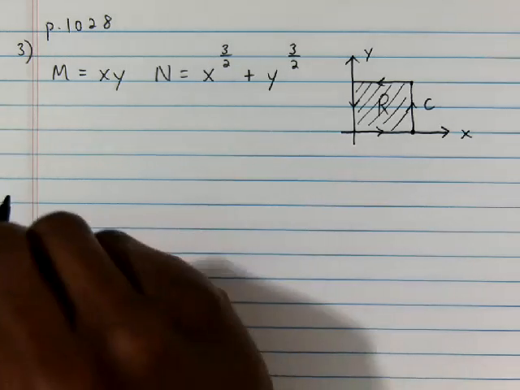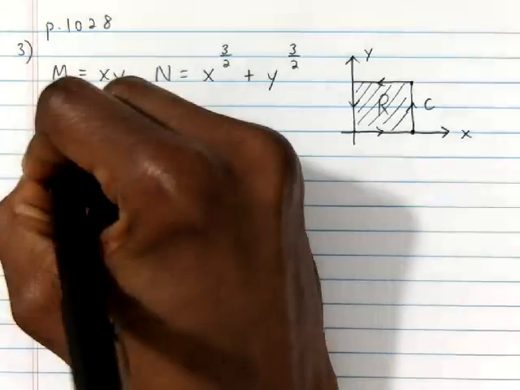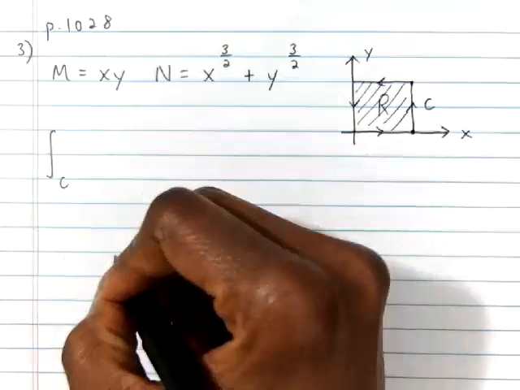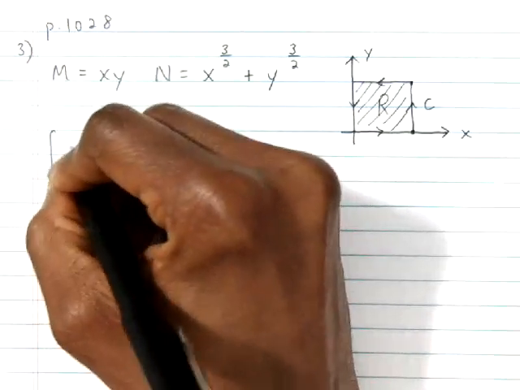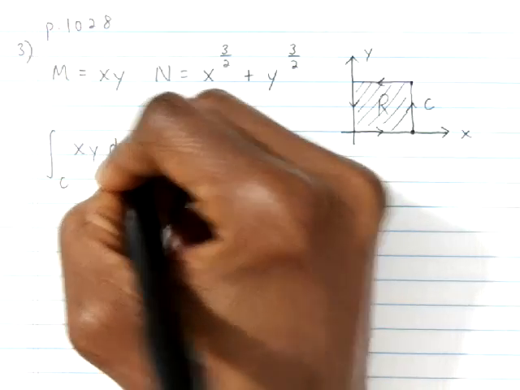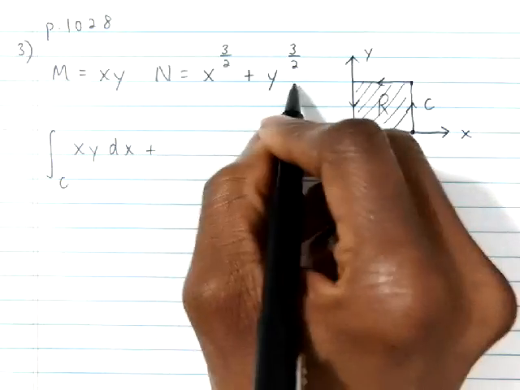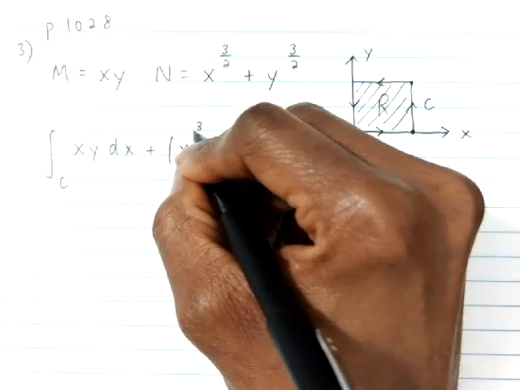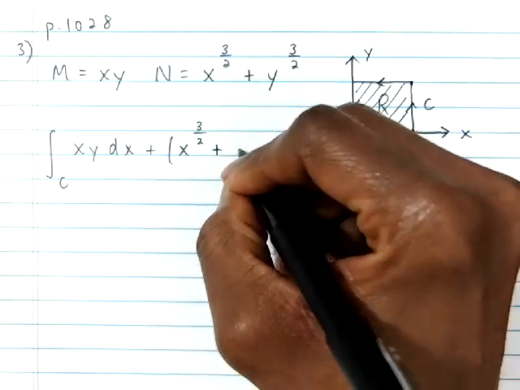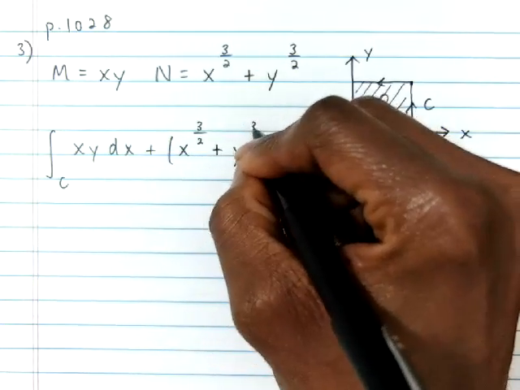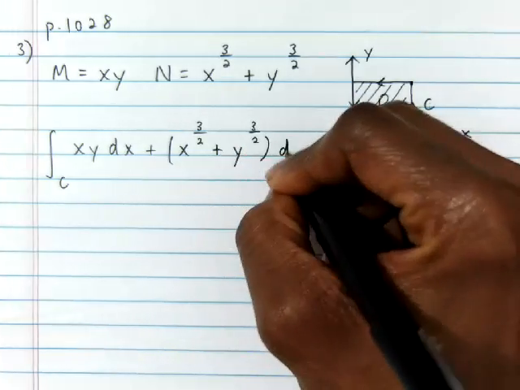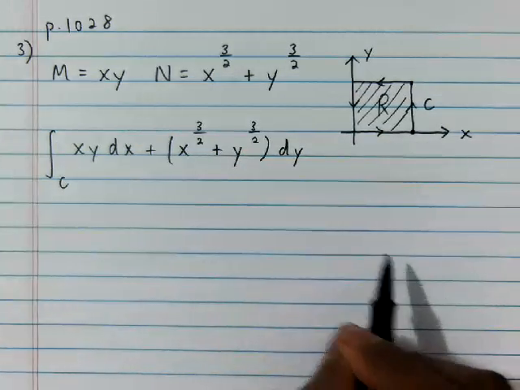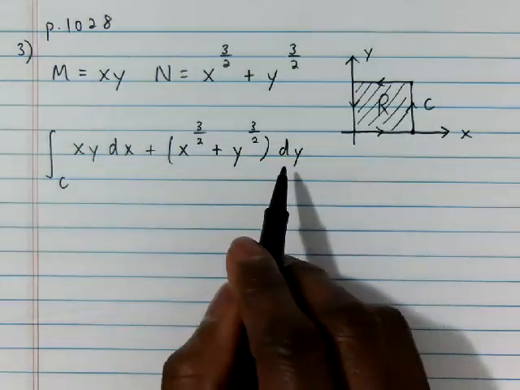So what we're looking to do is evaluate the line integral over C of M dx plus N dy, but we don't want to go through all that work of doing these 4 line integrals and adding them together.